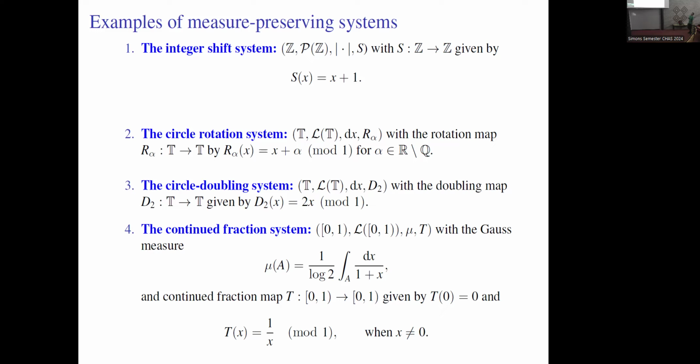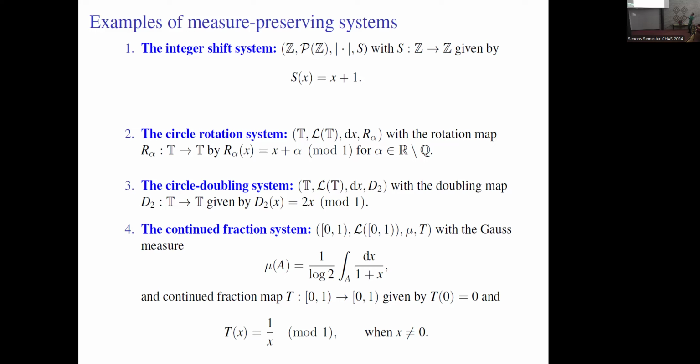The other important example, from the point of view of problems in equidistribution, is the circle rotation system. So this is the torus with the Lebesgue sigma algebra, the Lebesgue measure induced on the torus, and the rotation map by an irrational angle, which is this transformation: x plus alpha mod 1.